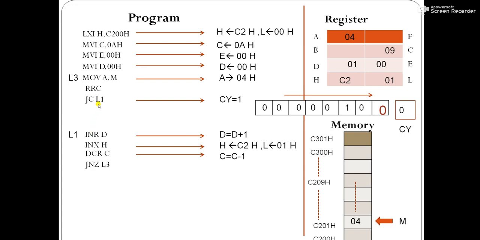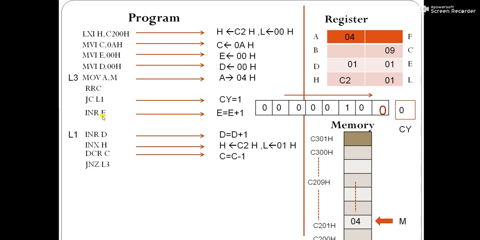We have to increment the even numbers counter. What register have we taken for even numbers? That is E. So we have to increment register E by 1, using the instruction INR E. Now the content of register E will be 1. So there is now one odd number and one even number.